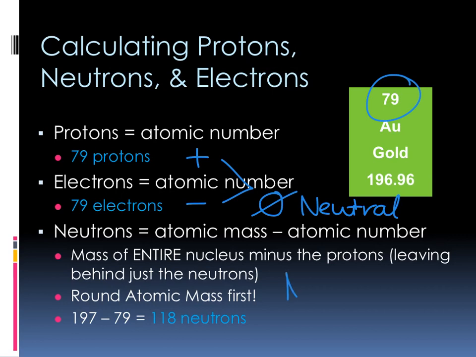Because the nucleus is protons and neutrons. So if I eliminate the protons, I have the neutrons. Since all of the mass of the atom exists in the nucleus, we can assume that the average atomic mass, rounded 197, would be the actual mass of all the protons and the neutrons combined. Then you just subtract the protons and you have your neutrons.